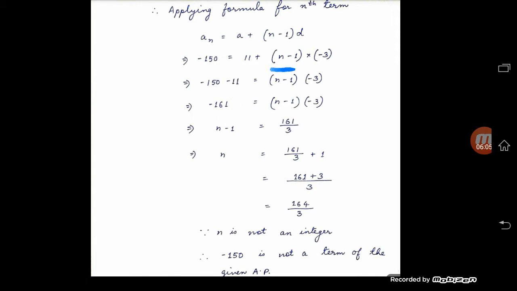Now n minus 1 into minus 3 will remain as this. Next step, this minus 3 will go to the other side. Since it is multiplied by minus 3, when it goes to the other side, it will be minus 161 by minus 3. Minus and minus will get cancelled out. So it will be 161 by 3.